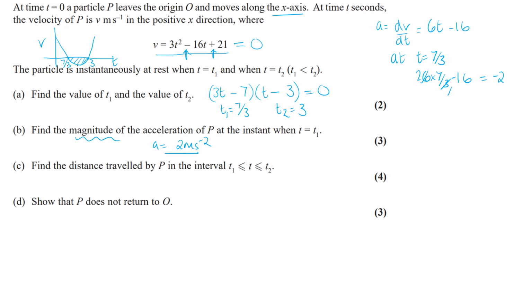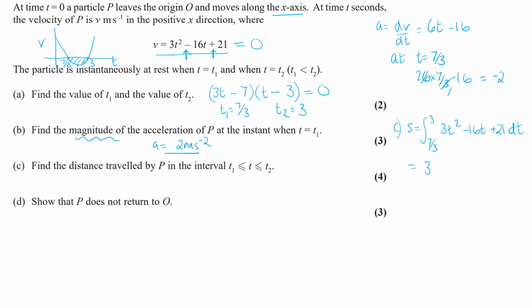So we can see the area is going to be here below the curve, so we're going to expect to get a negative value. So what we need to do to find the distance is integrate between 7/3 and 3 of the velocity equation, 3t squared minus 16t plus 21, with respect to time.